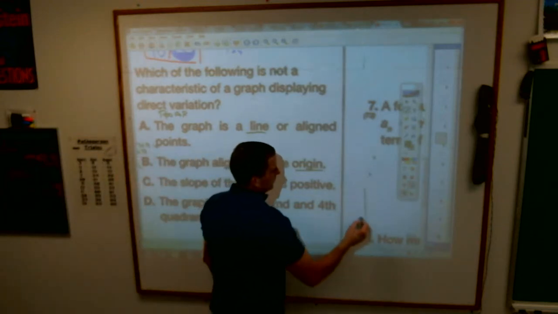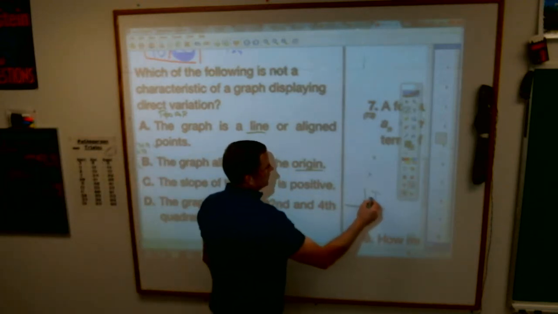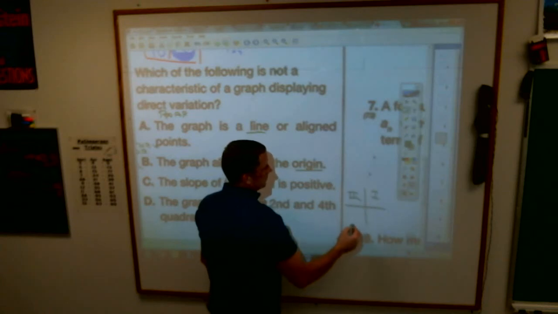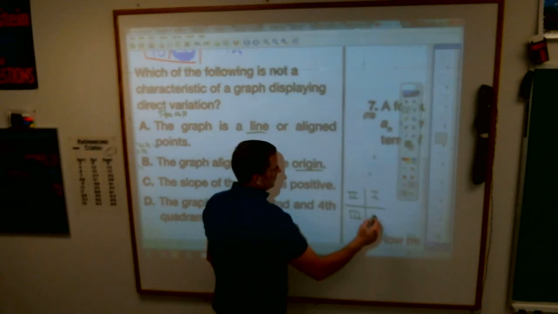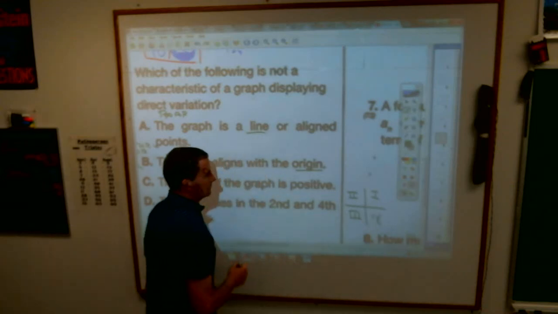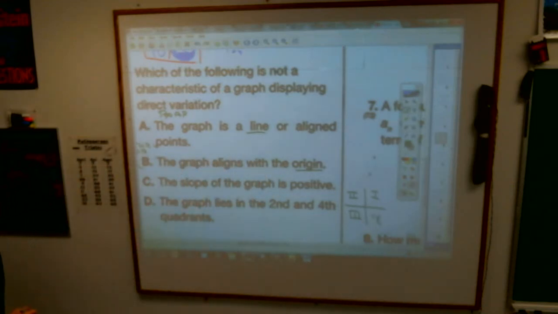Where's the second and the fourth quadrants? Here's 1, here's 2, here's 3, and here's 4. And the question asks you what? Which is not a characteristic. So we're down to the last two.